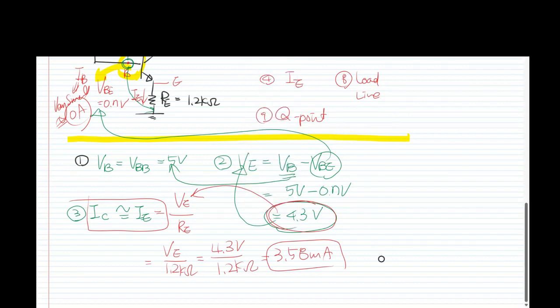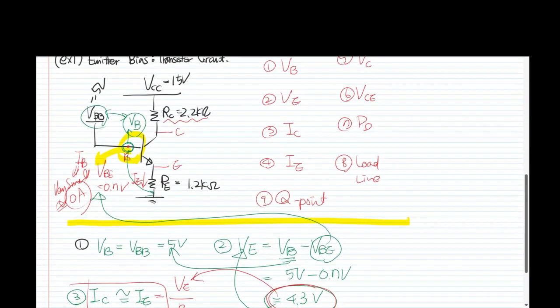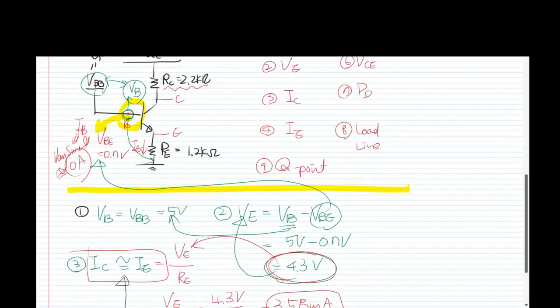Next one, what is I sub E? We have already calculated it here: 3.58 milliamp.